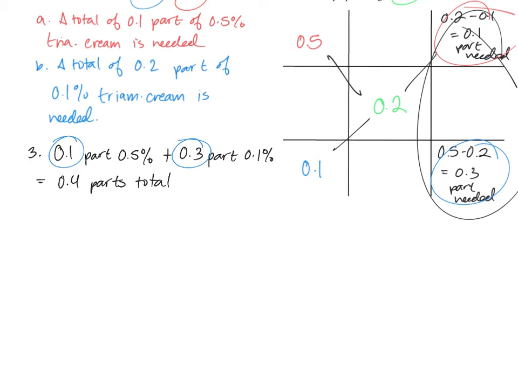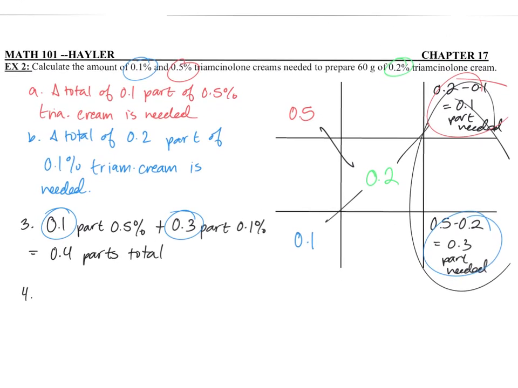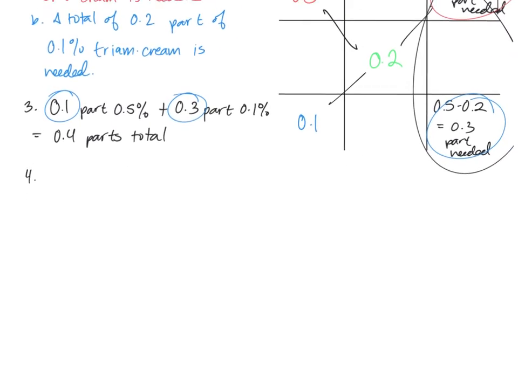Now we need to find the size of one part. We'll do this by dividing the quantity we want by the total number of parts. So how much do we want? Well, we want 60 grams. So we're going to divide the 60 grams by the total number of parts that we have, which is 0.4. And that is going to be 150 grams per part.